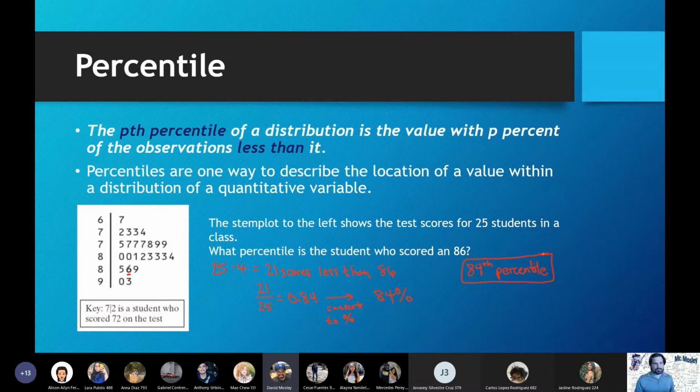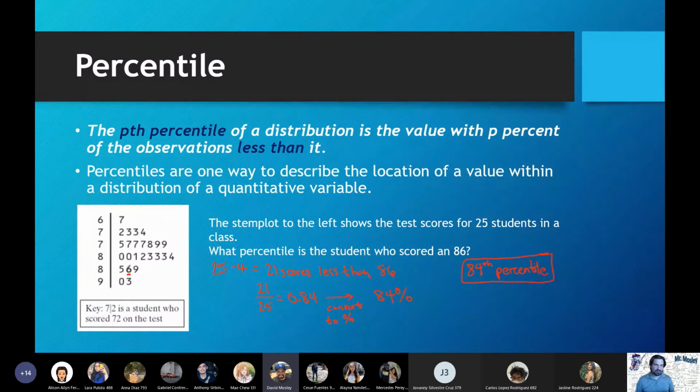When you get test scores, it's very common with standardized tests like the SAT or PSAT. You'll get your results back and they'll tell you what percentile you were in. Oh, you were in the 90th percentile, or the 99th percentile, or the 87th percentile. Essentially, the higher your percentile, the better you ranked among your peers.